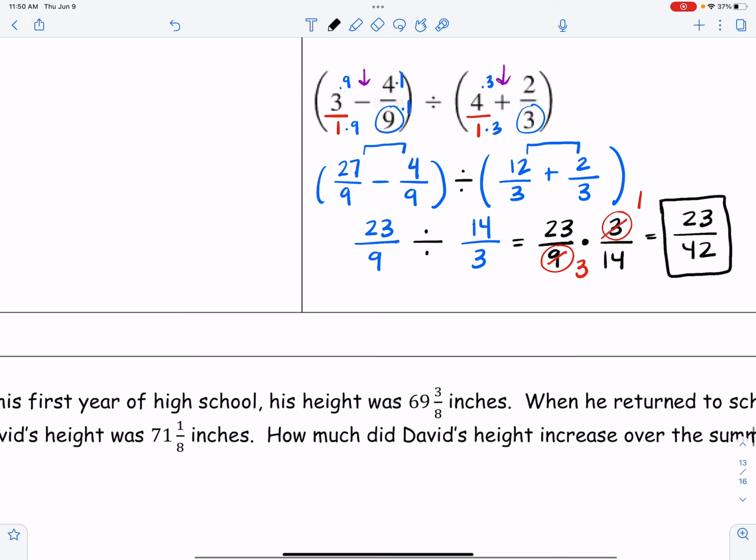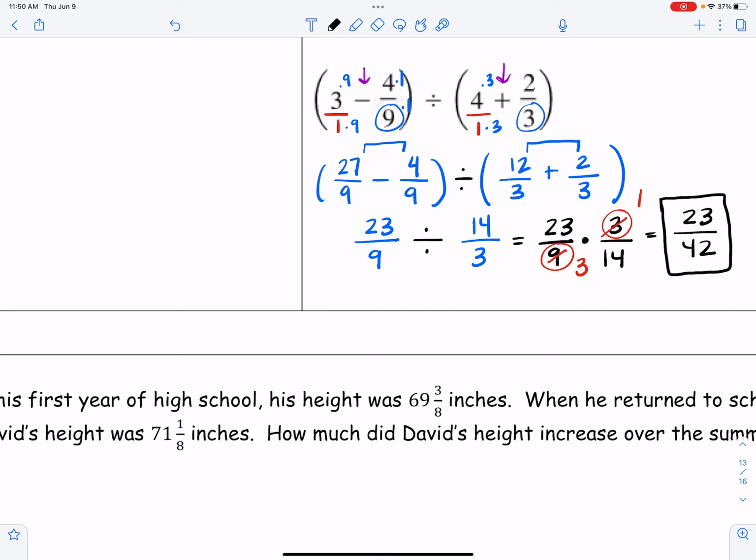Now, if that confuses you, you can always wait until the end. In other words, you could leave it a 3 and a 9. You could say, well, 23 times 3 is 69. 9 times 14 is 126. It's just going to be a little bit more difficult to simplify because these are bigger numbers. So sometimes it's a little bit harder to figure out what that common factor is.